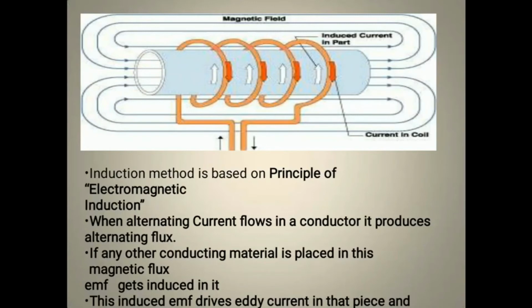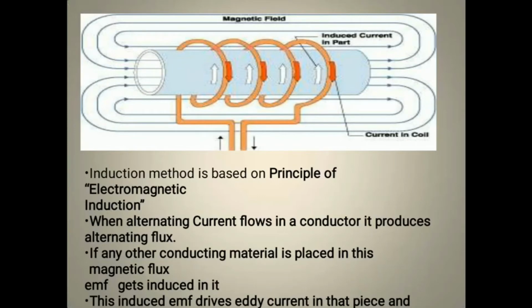The induction method is based on the principle of electromagnetic induction. When alternating current flows in a conductor, it produces alternating flux. If any other conducting material is placed in this magnetic field, due to the magnetic flux, EMF gets induced in it.